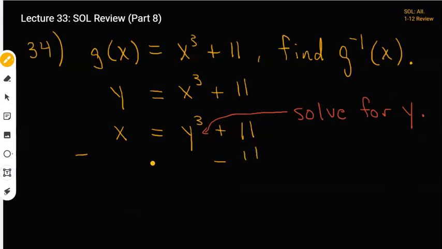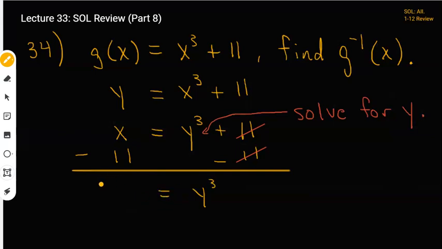I can subtract 11, right? Let's see what that does. The first thing that it does is it cancels out the 11s, right? So these are gone. I'm only left with y cubed on the right side. And on the left side, I'm going to have x minus 11, like this.